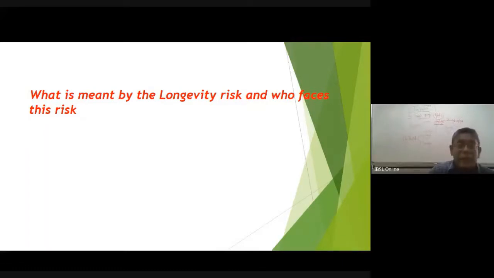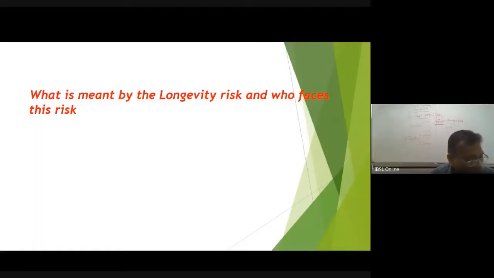Okay, please write down the definition. Under that you can write, what is longevity risk. Please write under that: risk due to living long, L-O-N-G, risk due to living long beyond normal life expectancy.